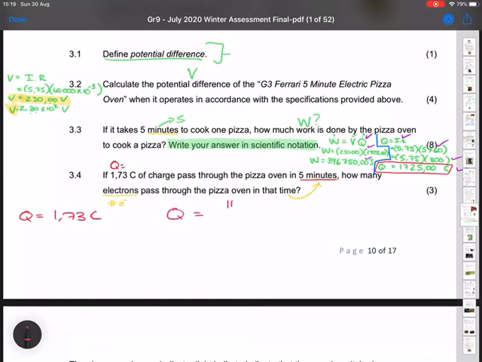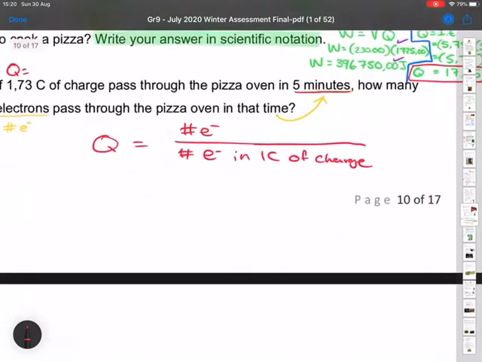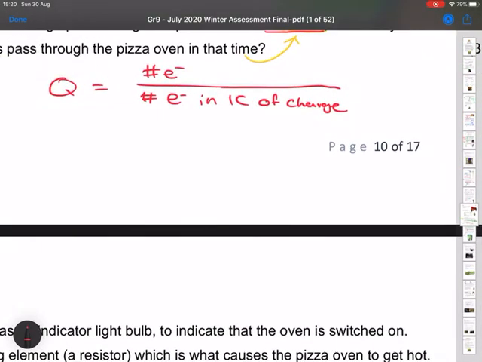Q is equal to the number of electrons divided by the number of electrons in 1 coulomb of charge. The formula you're not given, but you are given the number of electrons in 1 coulomb of charge. Charge is 1.73 coulombs. Number of electrons is what we're trying to solve. And the number of electrons in 1 coulomb of charge is 6.25 times 10 to the 18. Straight from your data sheet.